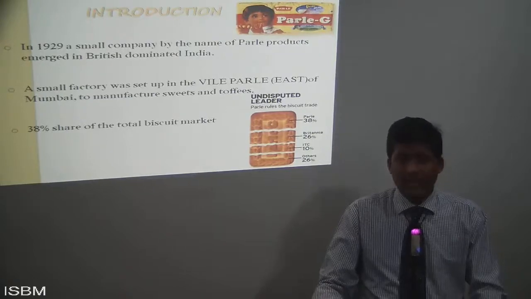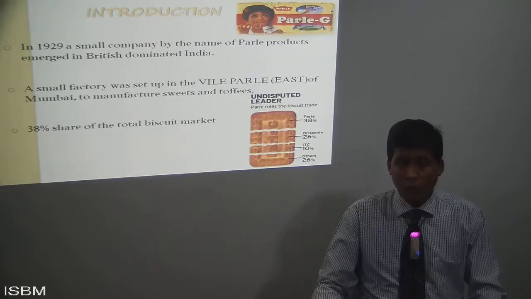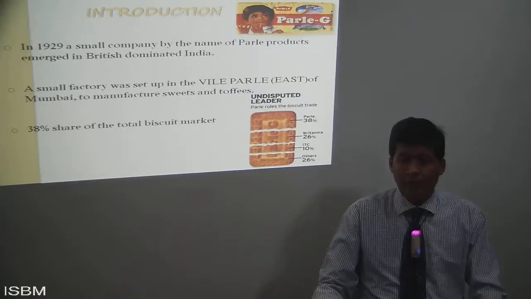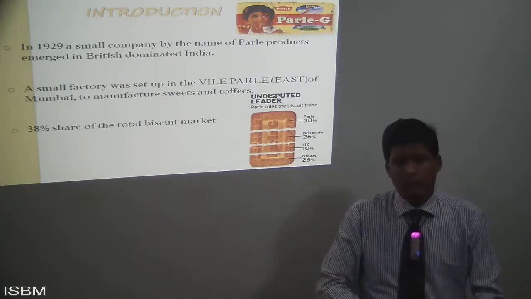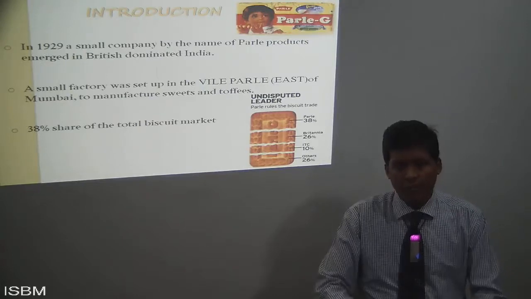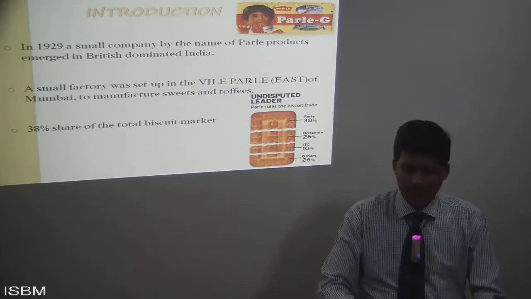I repeat, they are the largest selling biscuit company across the globe by volume. That means the actual number of biscuits that they sell is the highest across the globe. The other players in this segment being Britannia, closely followed by ITC at 26%, and a few small players like Priya Gold and the local players as well.